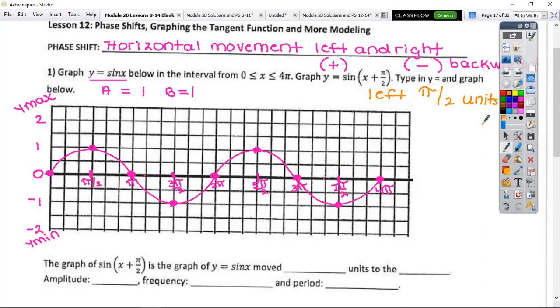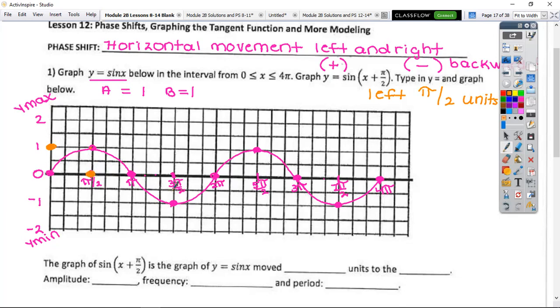If you want to do it by hand, all I do is look at my existing graph, and I'm going to move it pi over 2, which is 3 boxes. So I would take this point, pick it up, and move it right here. I would take this point and move it 3 this way, because that's pi over 2.